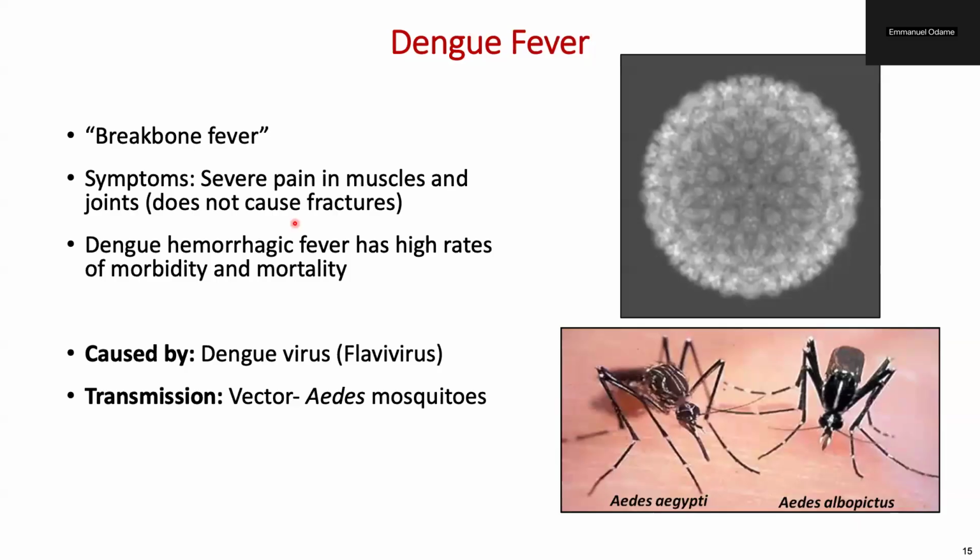And there is also dengue hemorrhagic fever, which has a high rate of morbidity and also mortality. It's caused by the dengue virus or flavivirus. It's transmitted through a vector, which is the Aedes mosquito. So these places have these mosquitoes more prevalent. That's why they are prone to exposure to this disease.